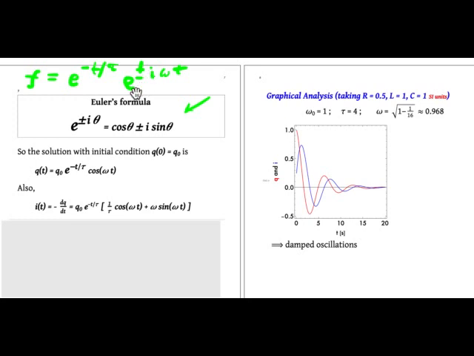Because the e to the plus I omega t is a solution, the e to the minus I omega t is a solution, the cosine omega t is a solution, the sine omega t is a solution. Any combination of those, any linear superposition of those, is also a solution. So to make it simple, let's consider the initial condition Q of 0 equals Q0.